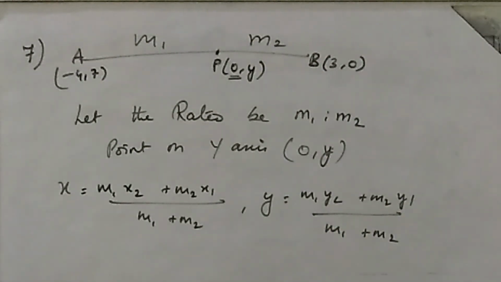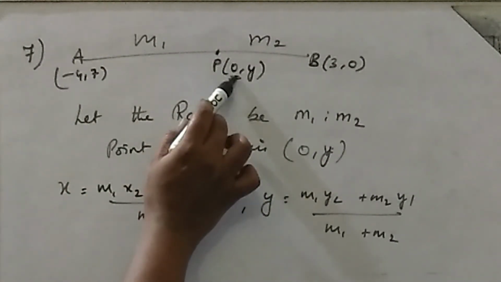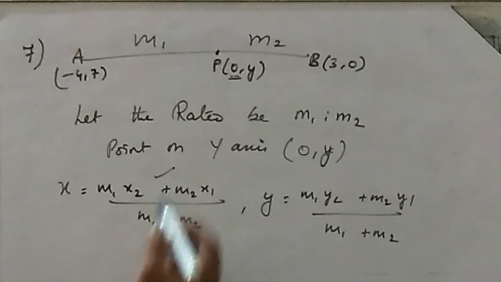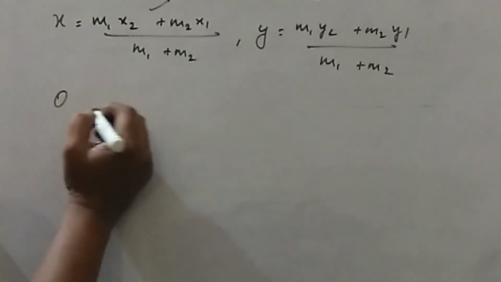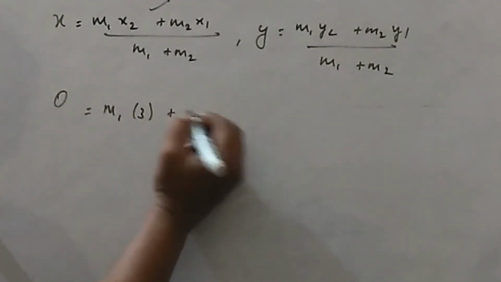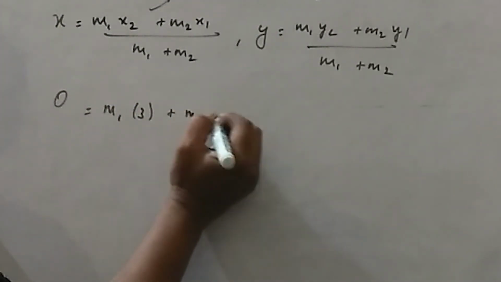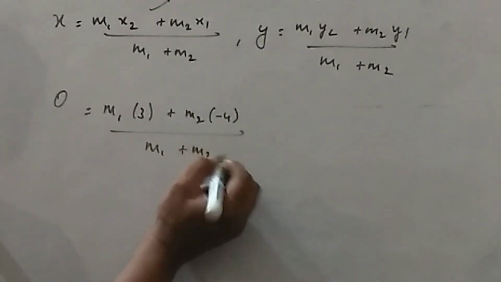Now you write the x value, which is 0. So I will take only x first to find out the ratio. So 0 is equal to (m1 into 3 plus m2 into minus 4) upon (m1 plus m2).